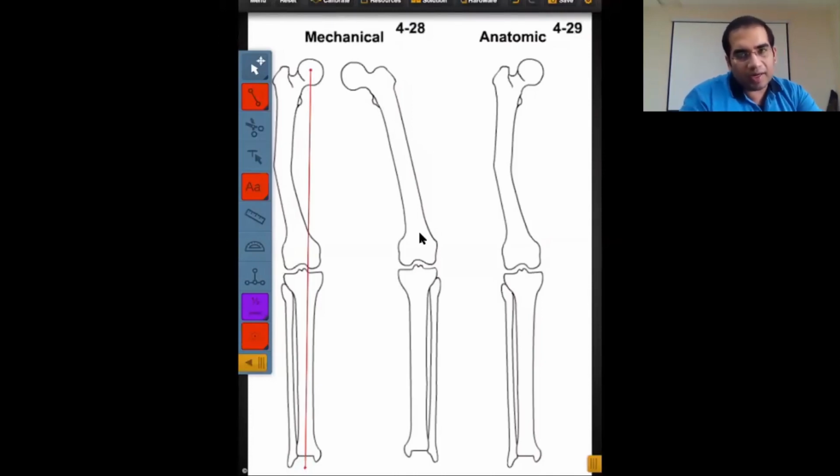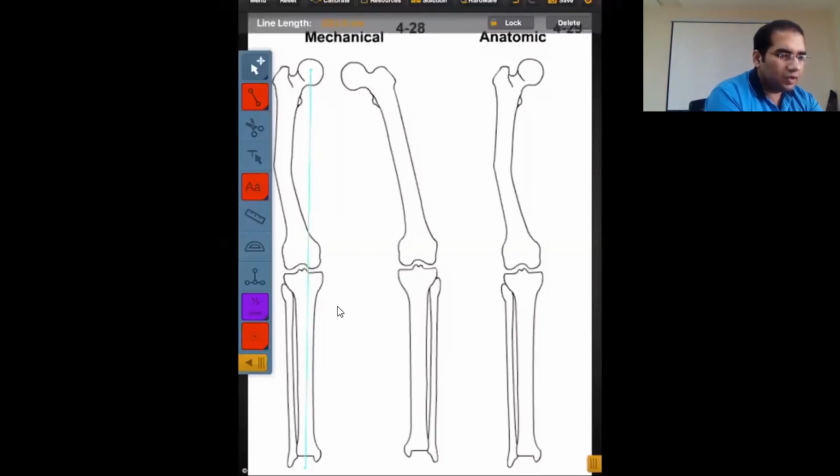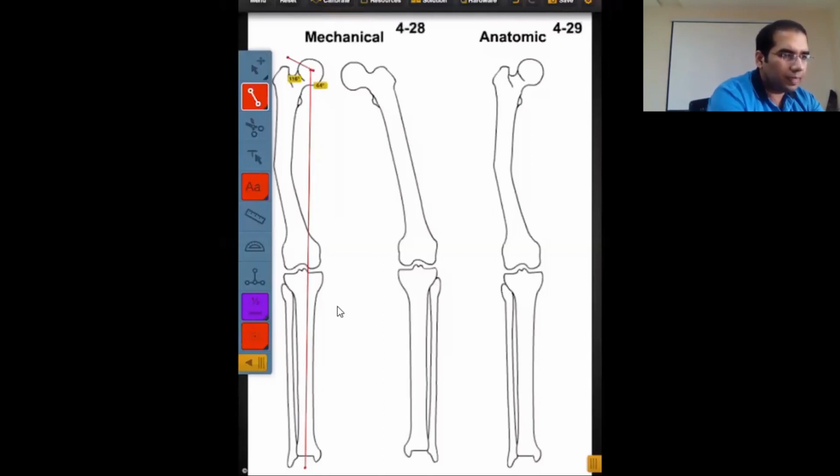I told you earlier, the closer the deformity is to the knee joint, the more deviation it will create from the center of the knee joint. Since the deformity is higher above, in this scenario it has not deviated the knee. So the next section is we're going to draw the joint orientation lines.